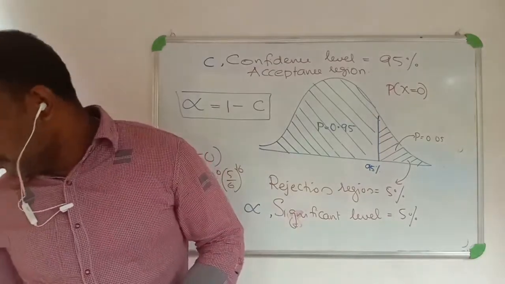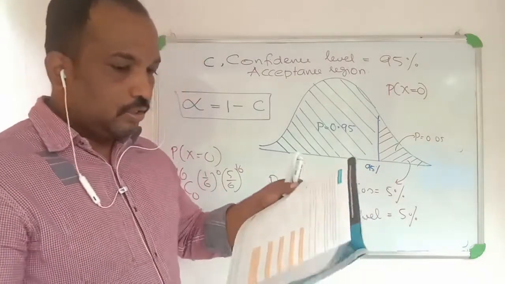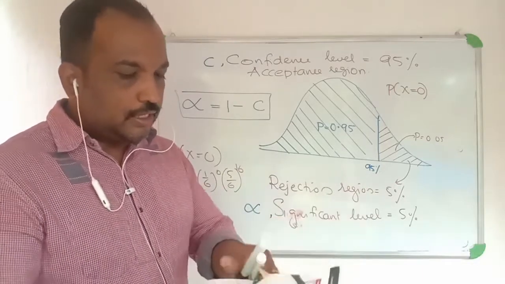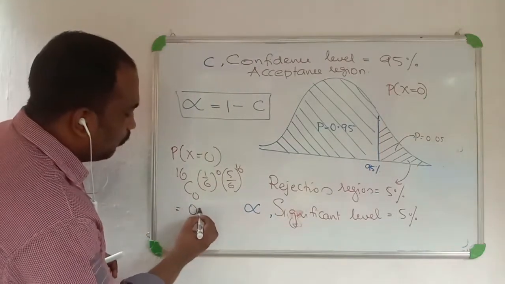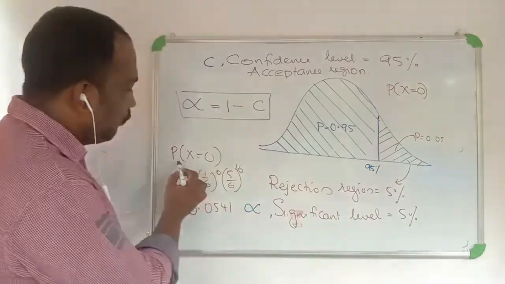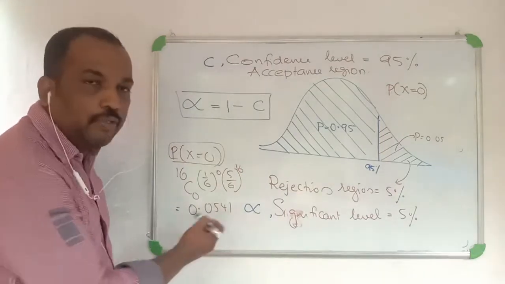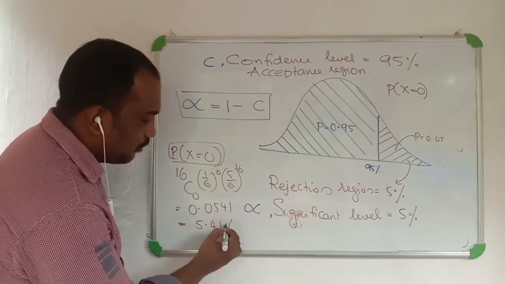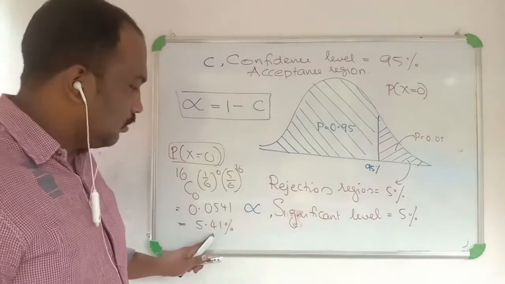When we calculated this value, using our Z table, we got the result as 0.0541 for P of x equal to 0, which is equivalent to 5.41%.